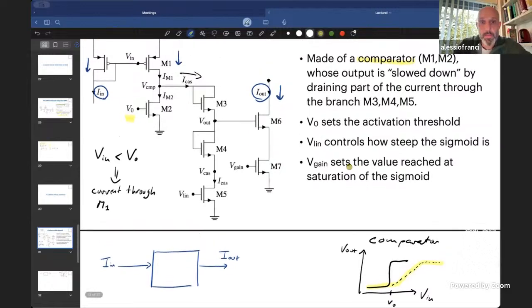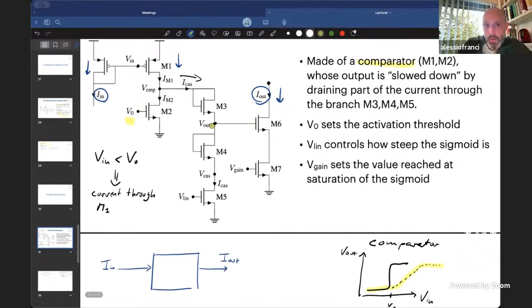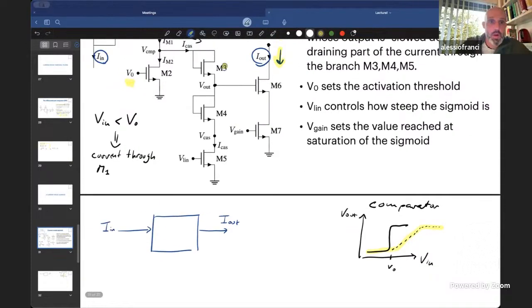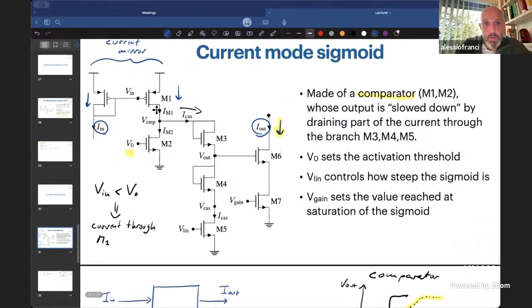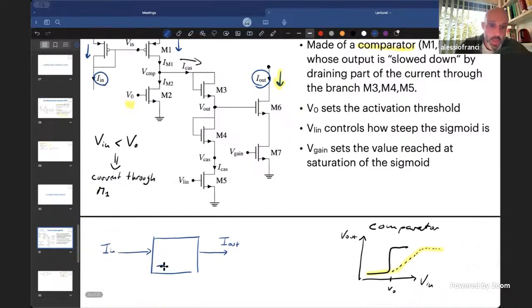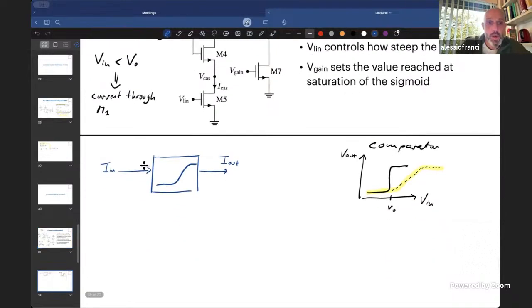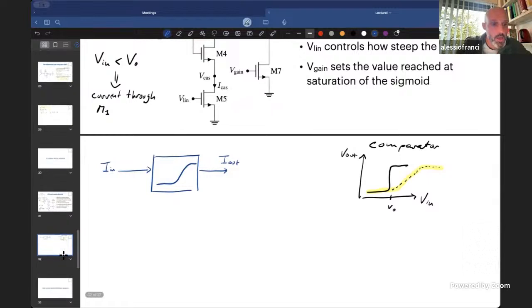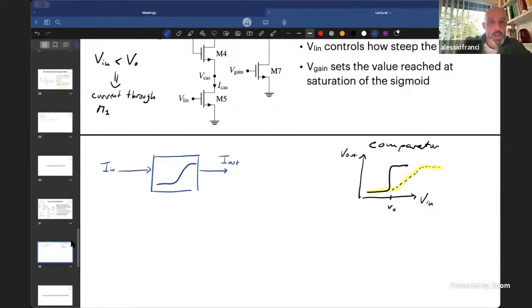And then at the output, you have another voltage to current converter. So instead of reading out a voltage, what you are reading out is a current that's your output. So long story short, this circuit uses a current mirror comparator and a slowing down circuit, if you want, that creates a sigmoidal relationship between the input current here and the output current at the other side.